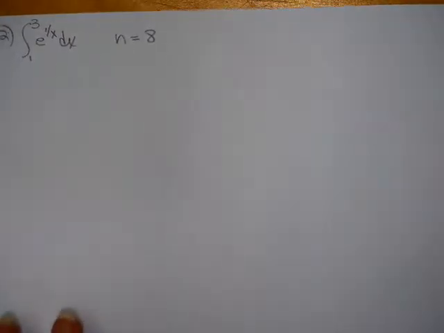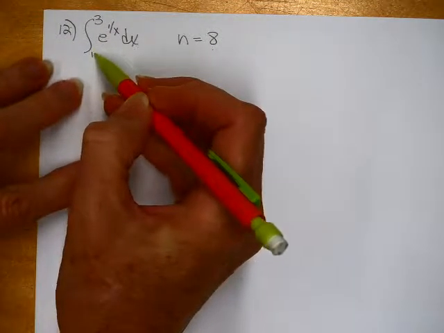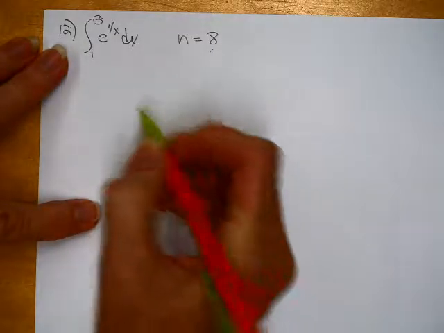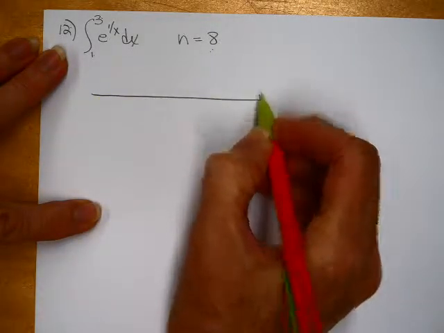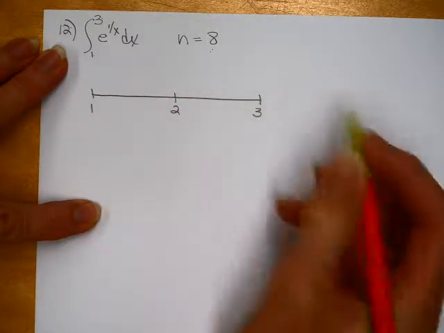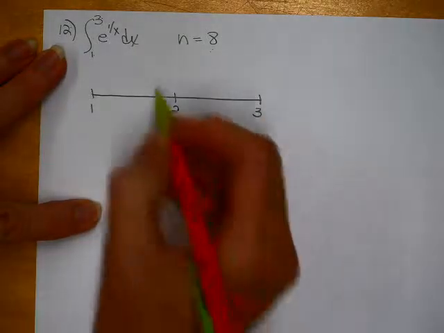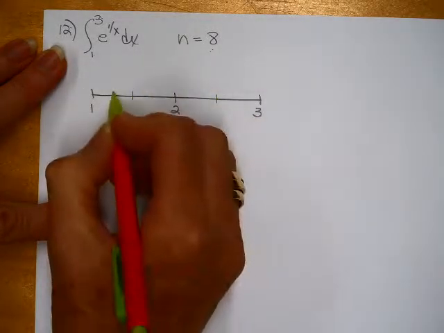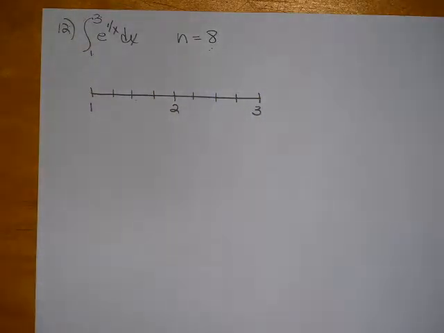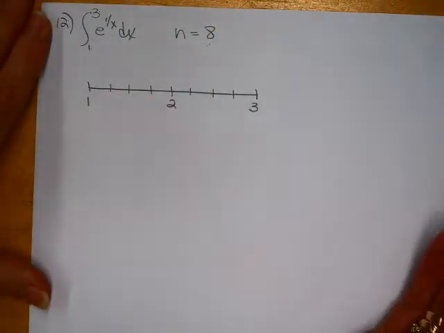Okay, so here's what it had to do. This n equal 8 means that I have to take the region from 1 to 3 and divide it into 8 even pieces. So I actually draw out my picture. Visual. So 1, 2, 3. I need 8 even spaces between 1 and 3. Okay, 8 separate regions.